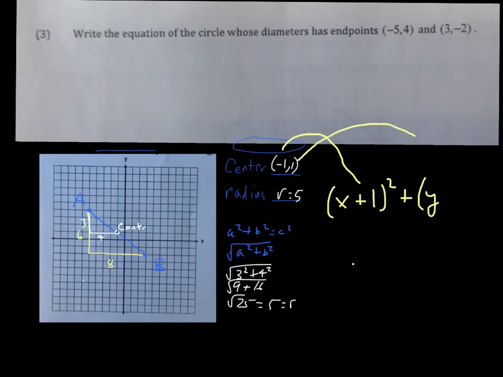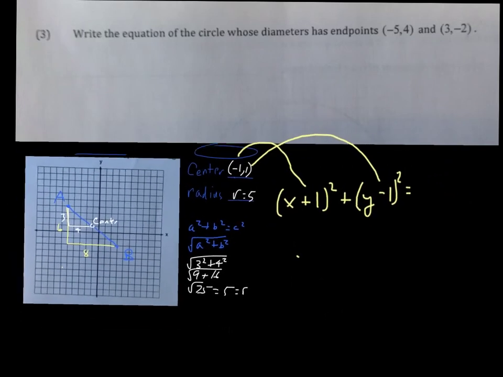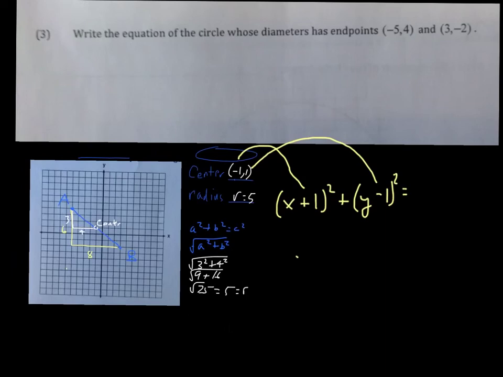The y is 1 for the center, so I'm going to use -1 in the equation with a squared. And then finally I need the number at the end. Well, if the radius was 5, I take the radius squared, and that would be the number that I put at the end of the equation, which would be 25.